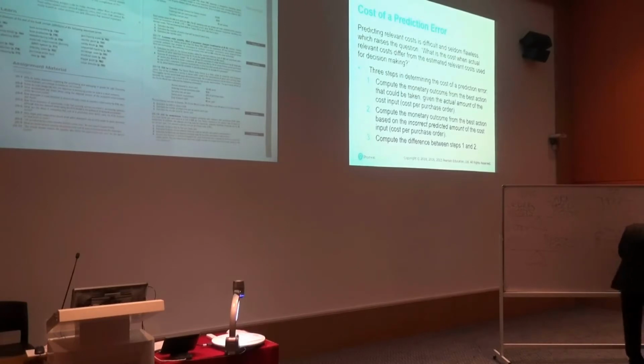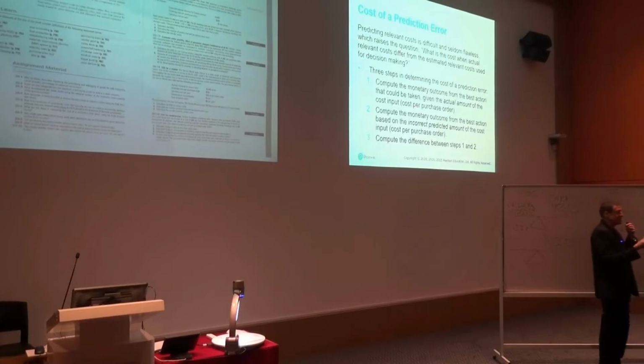So here's the idea. In hindsight, it turns out the demand is 13,000. If that was the case, then you would have 1,000 units, because that's the EOQ amount.